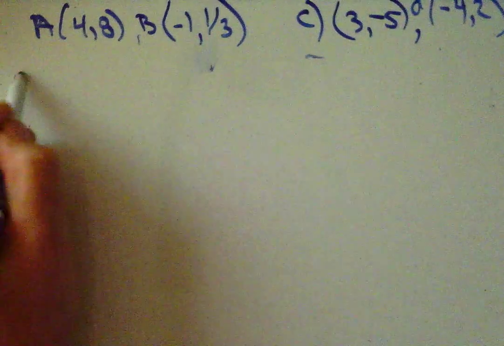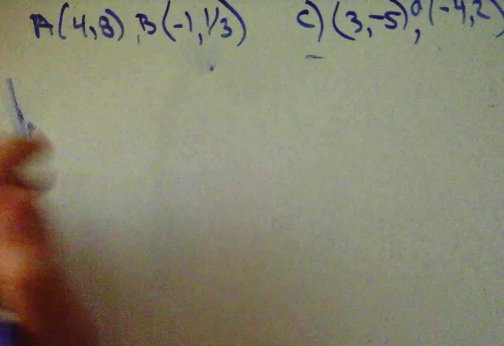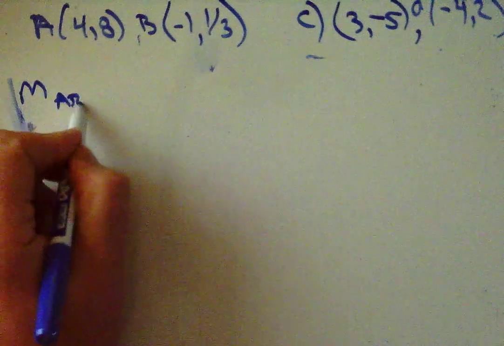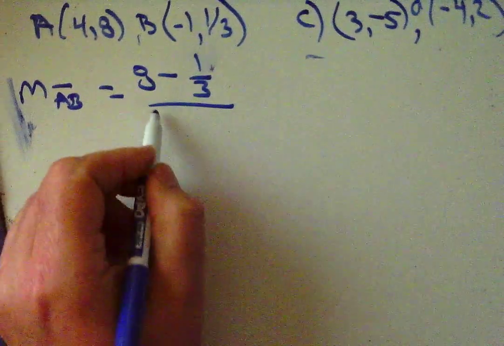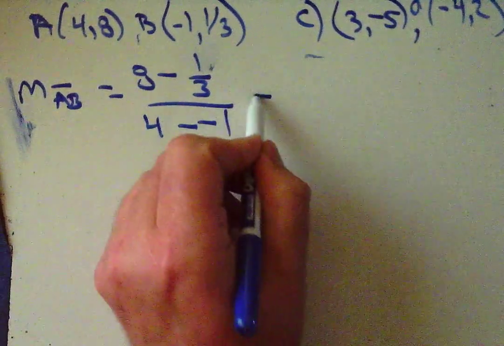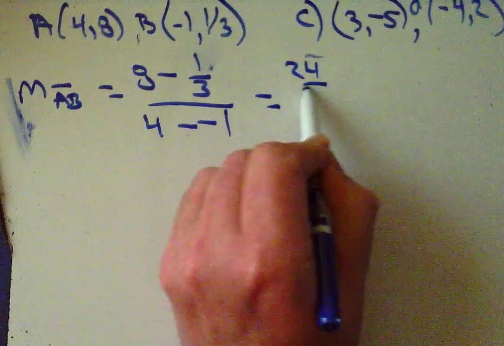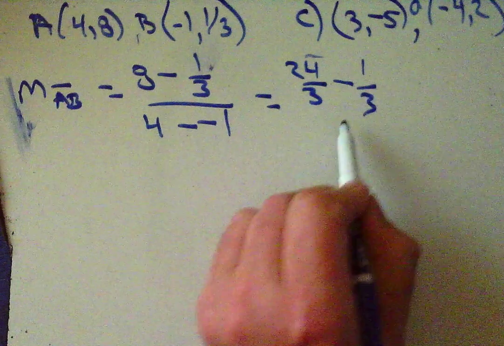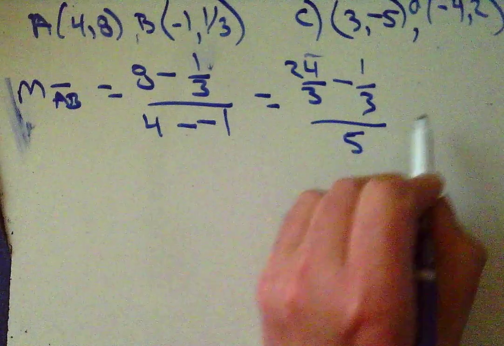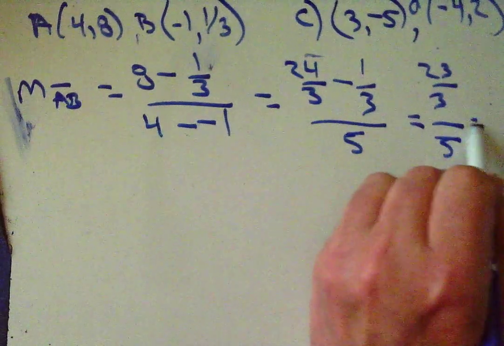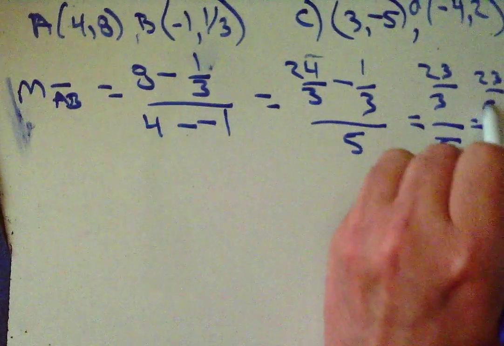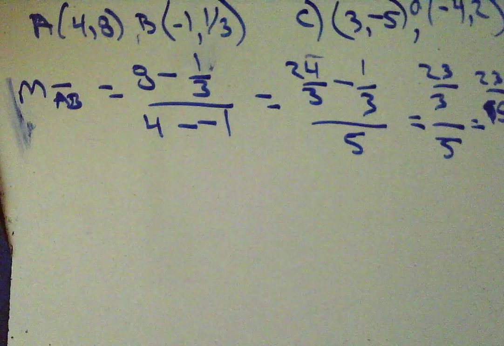Okay, so the slope of AB is going to be 8 minus 1/3 over 4 minus 1. That's 24 thirds minus 1/3 over 3, 23 thirds over 3, or 23 over 9 when I flip and multiply.